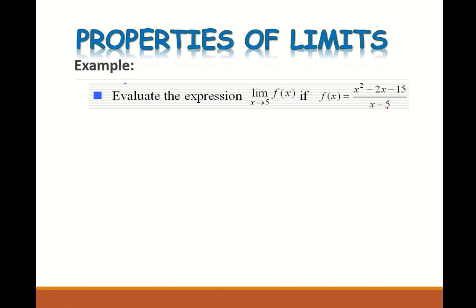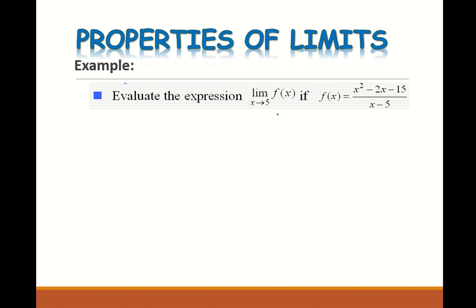Now if we apply the concept that we learned previously, like substituting x equal to 5 into the given function, we see that 5 minus 5 is 0, so that makes the function undefined, right? If you substitute the value of x, the denominator becomes 0.